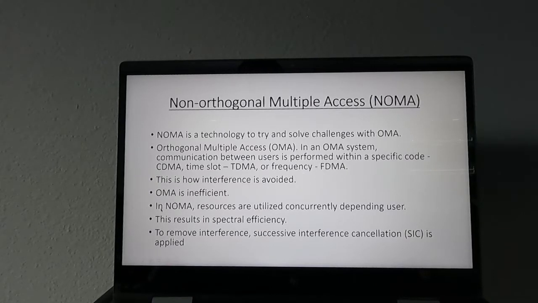So NOMA utilizes all the resources, for example, frequency, at the same time, simultaneously.